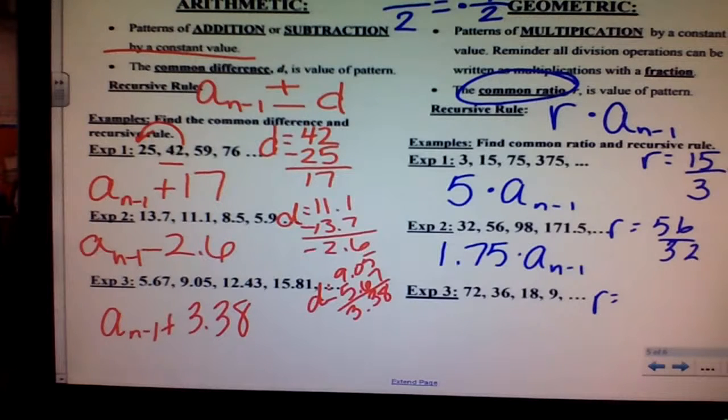If you do 1.75, go to math and choose choice number 1 and hit enter. R equals 36 divided by 72 this time. You should get 0.5 or 1/2 times A sub n minus 1.